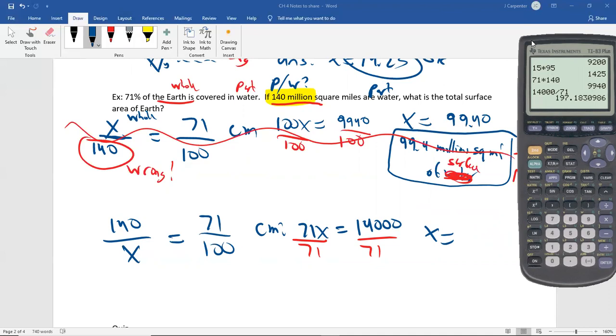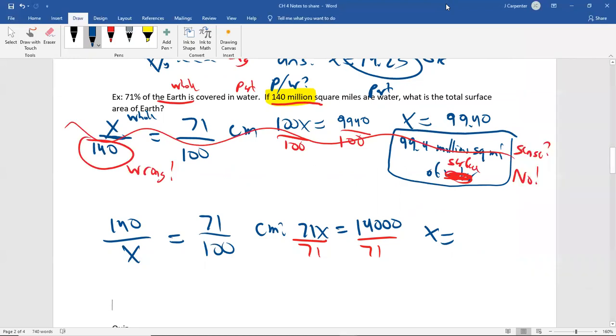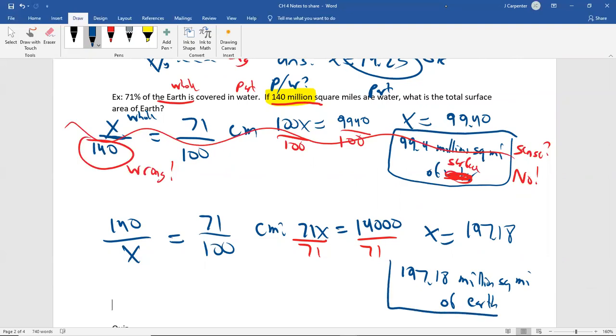And there we go, 197.13, blah, blah, blah. Let's just round to 2 decimal places, 197.18. But that's not our answer. It's supposed to be 197.18 millions square miles, and that's of Earth, or of surface area, however you want to phrase that.